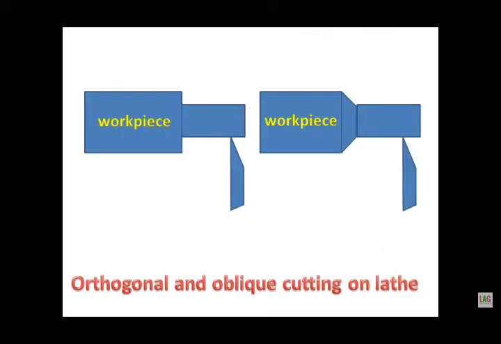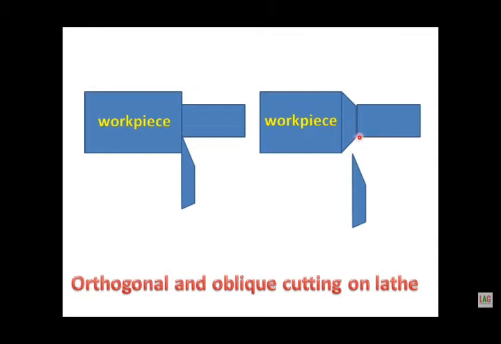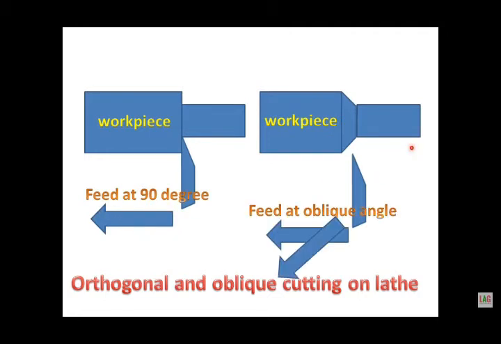Chips feed at oblique angle. Here two figures are there: workpiece 1 and workpiece 2. First one is orthogonal cutting, second one is oblique cutting. Feed at 90 degrees is orthogonal cutting.